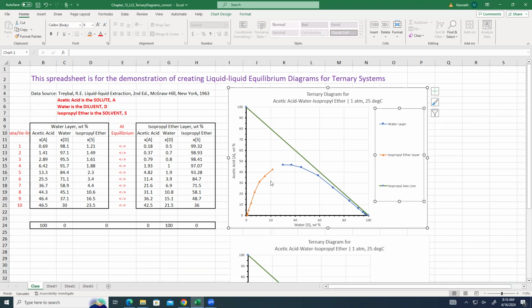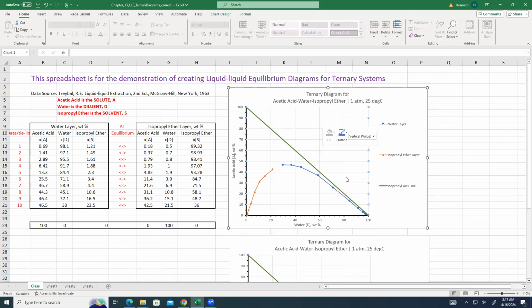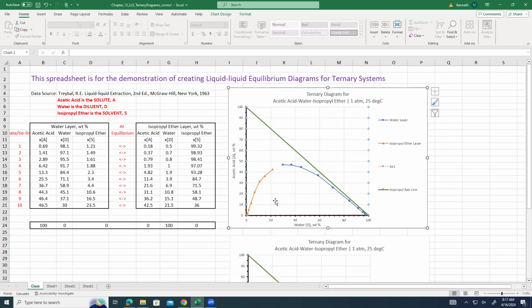So the way these would be made is by connecting these corresponding values. For example, if I wanted to make one tie line with these first values, it would just be a matter of making a line between the 2 points.